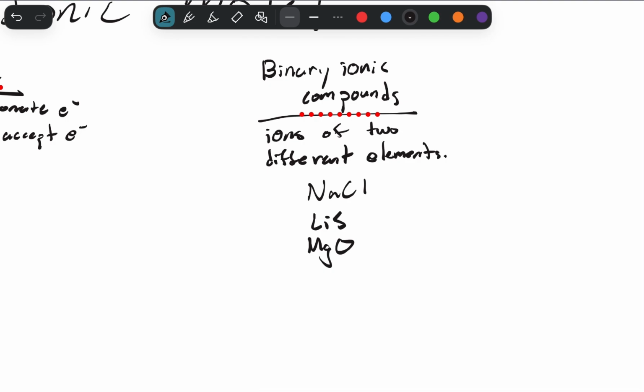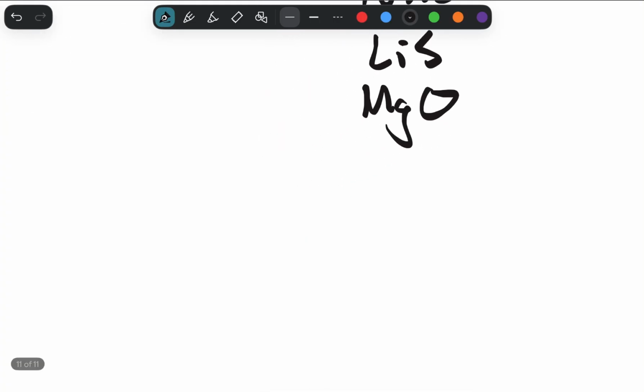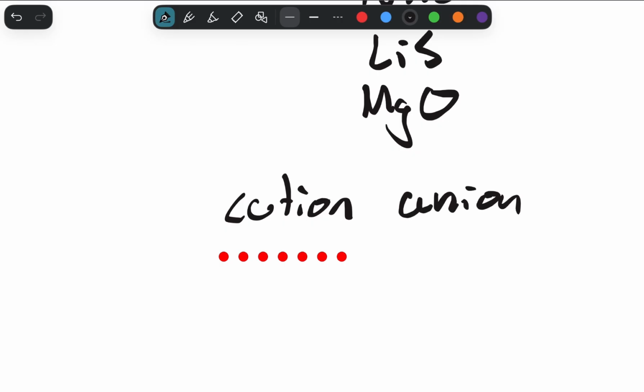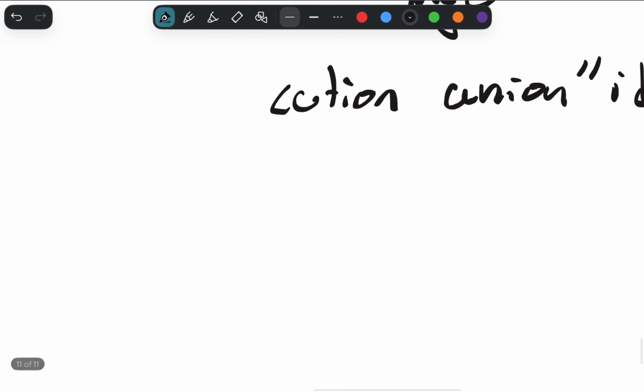And why this is important is that sometimes you have to know how to name them. To name binary ionic compounds, you say the cation first, so the metal, with the anion, so the nonmetal, but you end this with the -ide. Okay, so let's do some practice.